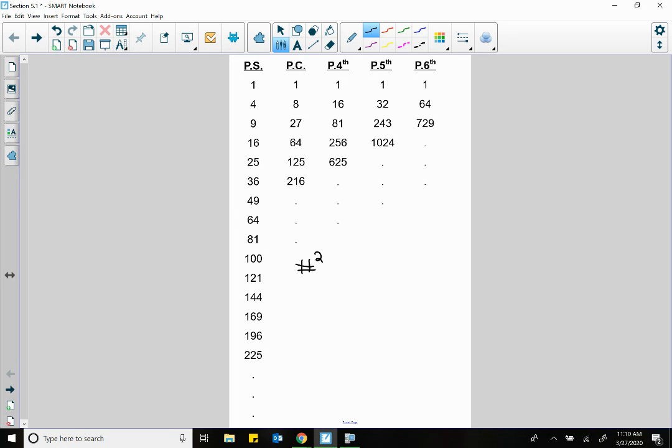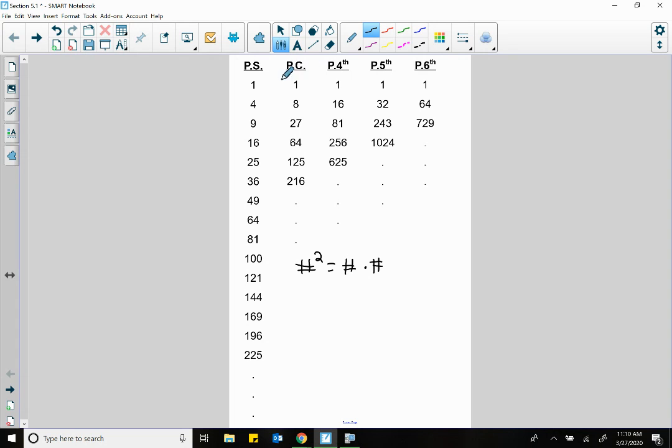Or in other words, a number squared. So to get 4, well, that's just 2 times 2, or 2 squared. Hence, perfect square. 9 is 3 times 3, or 3 squared. 16 is 4 times 4, 4 squared. And so on and so forth. So these are your first 15 perfect squares.